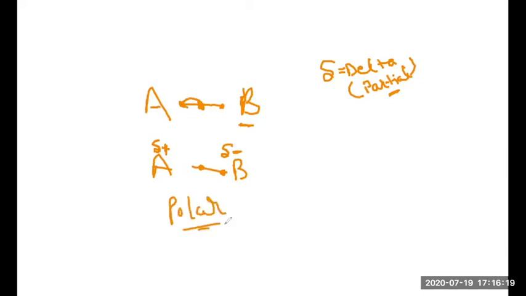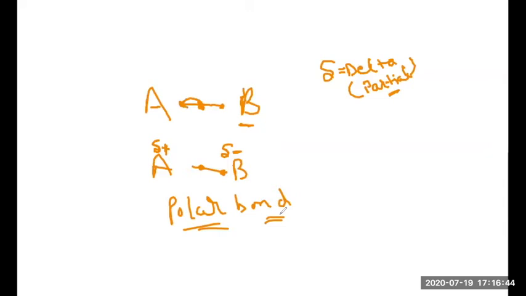What do we mean by polar? Like on Earth, we have polarity, right? South pole and North pole. Similarly, within the bond, we can say this bond is a polar bond. And you will always get a polar bond whenever one of the atoms is stronger than the other atom.